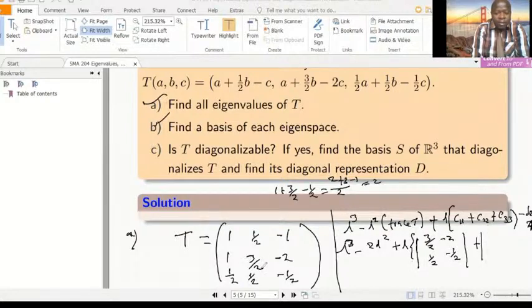Then plus, at this element, delete the row and column of this element, and then you have 1, negative 1, a half and negative a half.